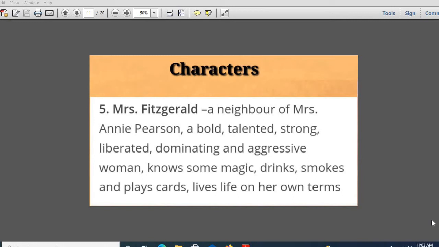because she is bold, talented, strong, aggressive, dominating, liberated. She knows some magic. We get to know that she is a tarot card reader. She learned it in the East, and she drinks and smokes. And most importantly, the last line is very significant: she lives life on her own terms.